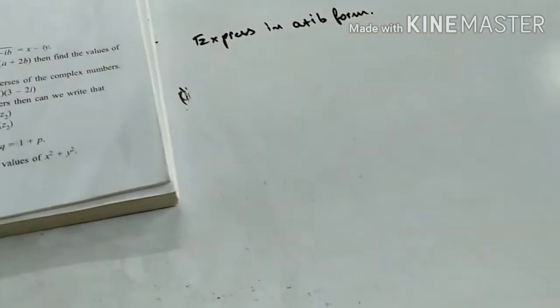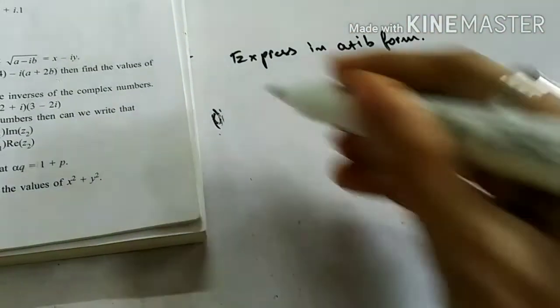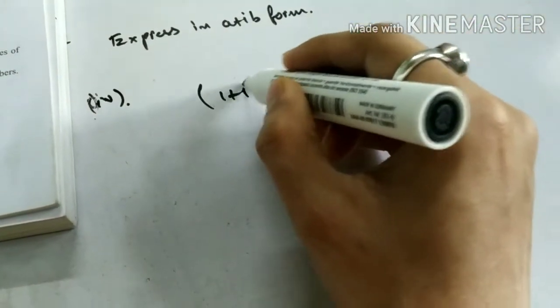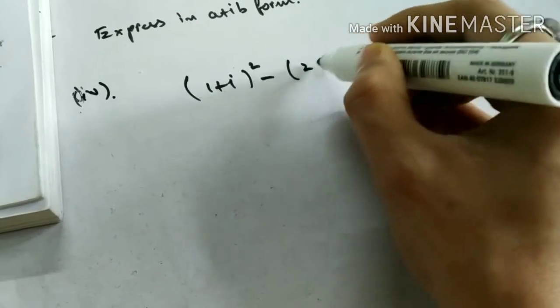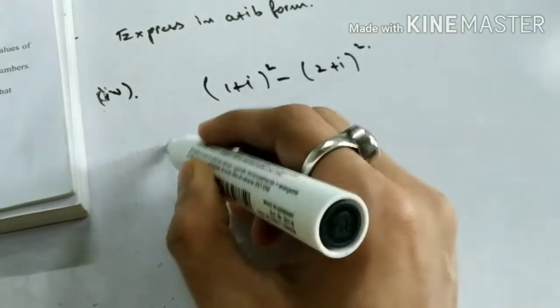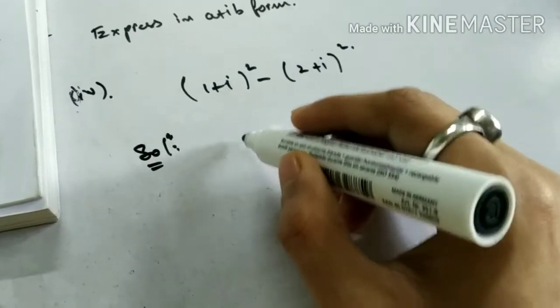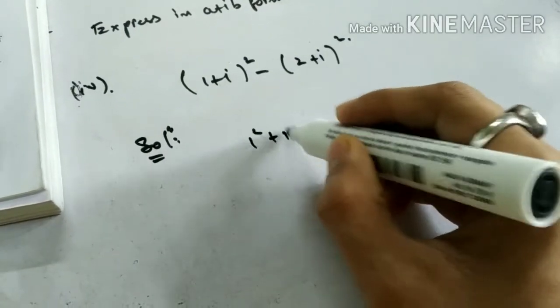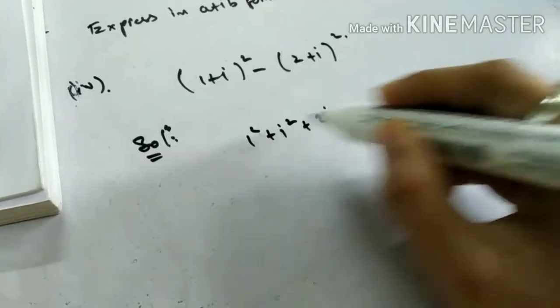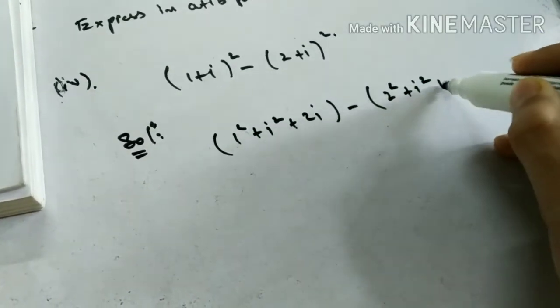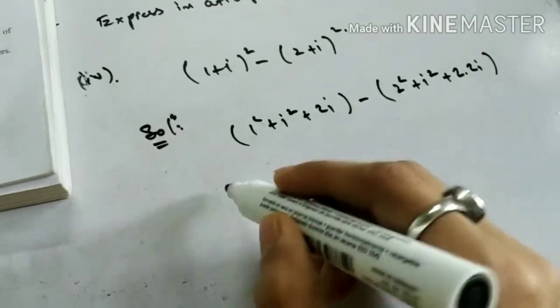Next again you see number 4, 1 plus i the whole square minus 2 plus i the whole square. So this again I break it into formula, 1 square plus i square plus 2i minus 2 square plus i square plus 2 into 2i.